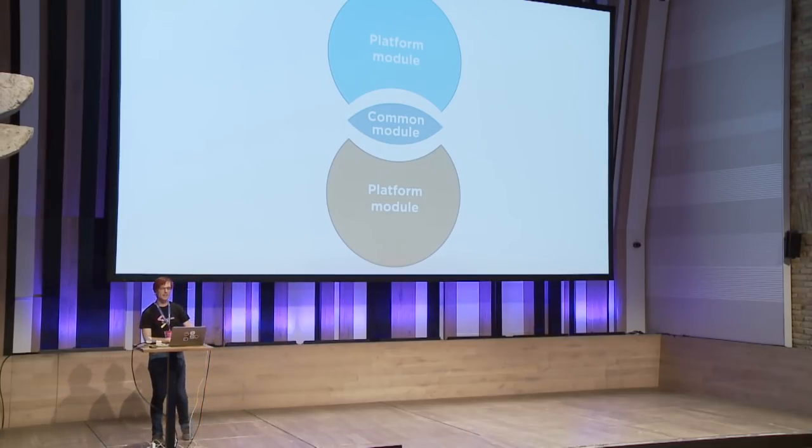In some cases, the platform-specific code will be mostly empty. If you just have some data processing library that needs to be compiled to JavaScript and the JVM, then the platform modules will just describe how they are compiled and will not contain any code. In other cases, platform modules can contain a bunch of different code.